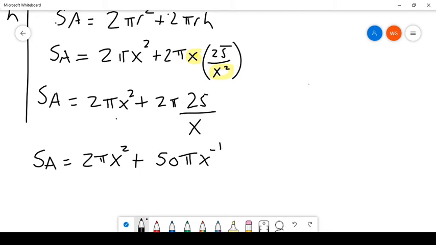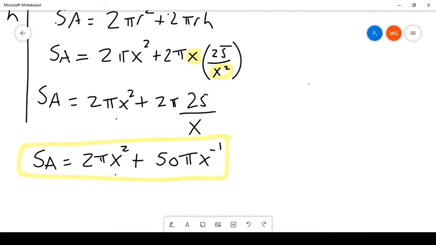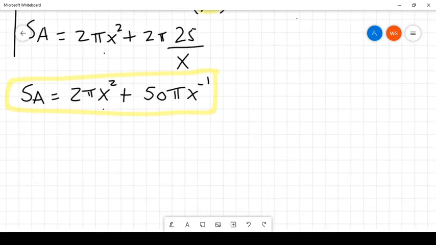See what I just did there? I took 25 times 2, which is 50, and then knowing that I'm going to be using the power rule, I brought the x up to the numerator and made the exponent negative. And now, in my opinion, this is a surface area equation that we can work with.